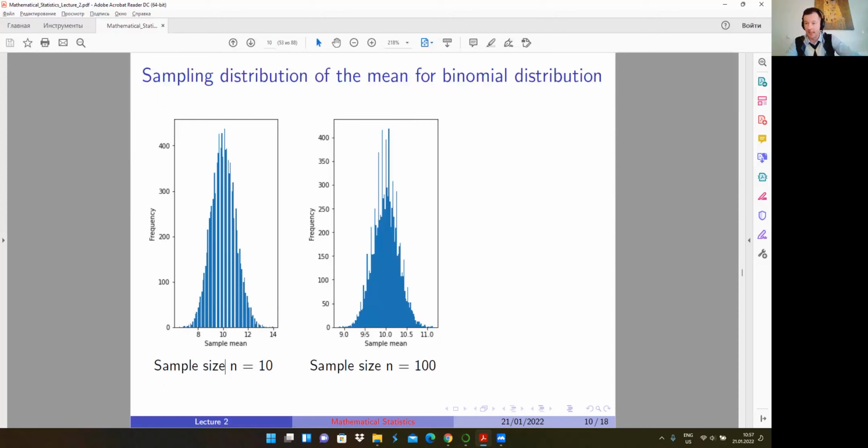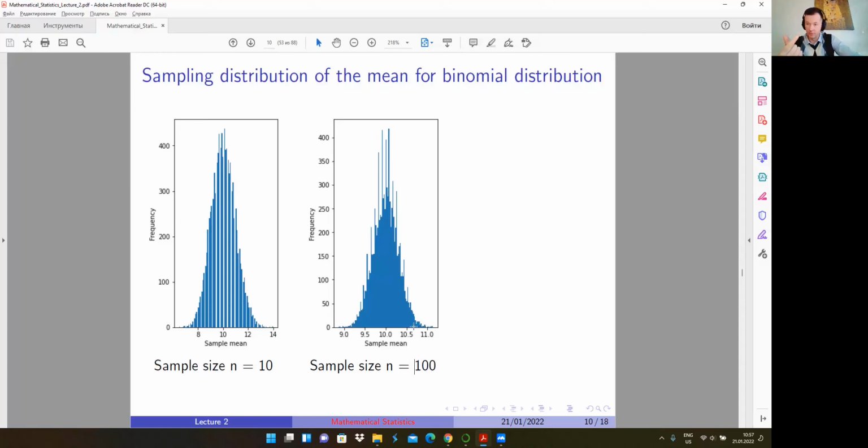Now, when I increase the sample size, when I take the sample of 100 observations and calculate 10,000 averages, 10,000 times, the shape is more or less similar, and the variance becomes smaller.